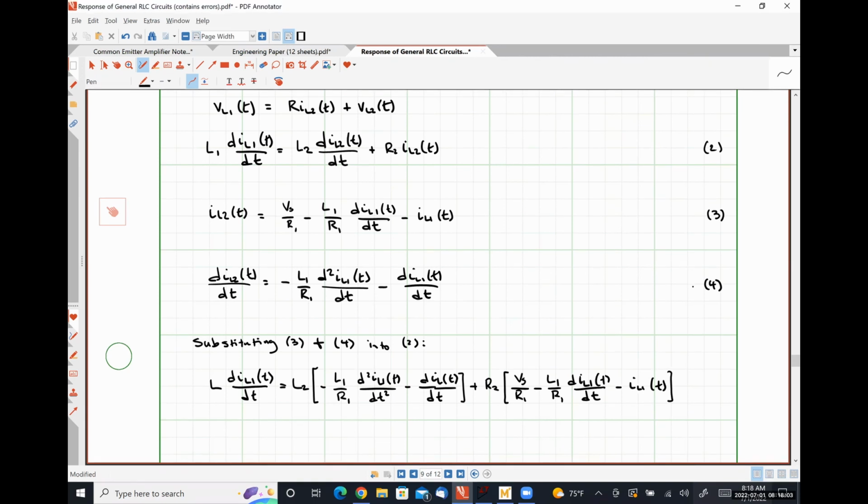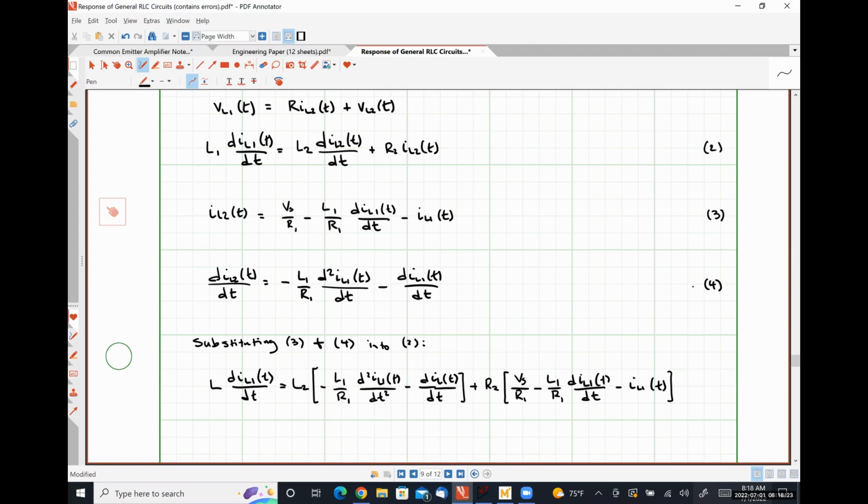And now what I'm going to do is simply move all of my IL terms to the left-hand side of my equal sign, okay? So I'm going to have to kind of go back and forth between this screen and the next because I ran out of room here, but that's going to be okay.